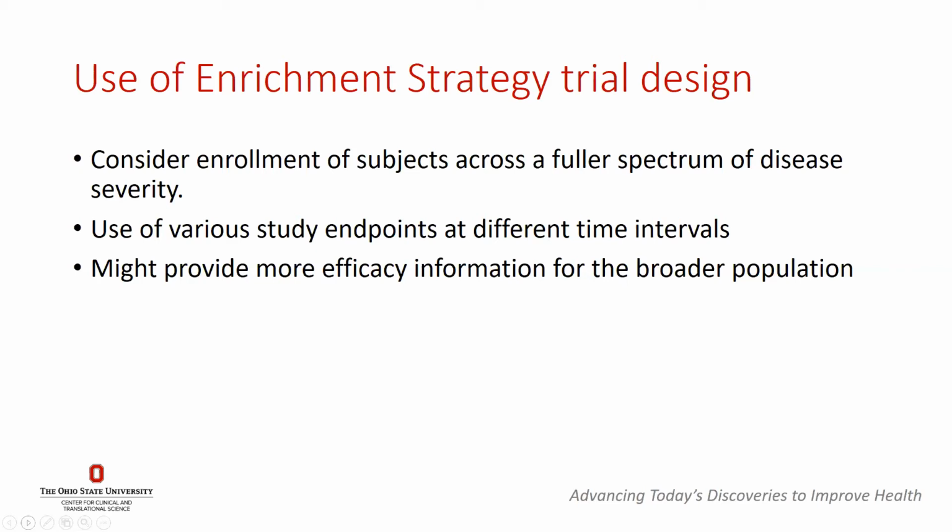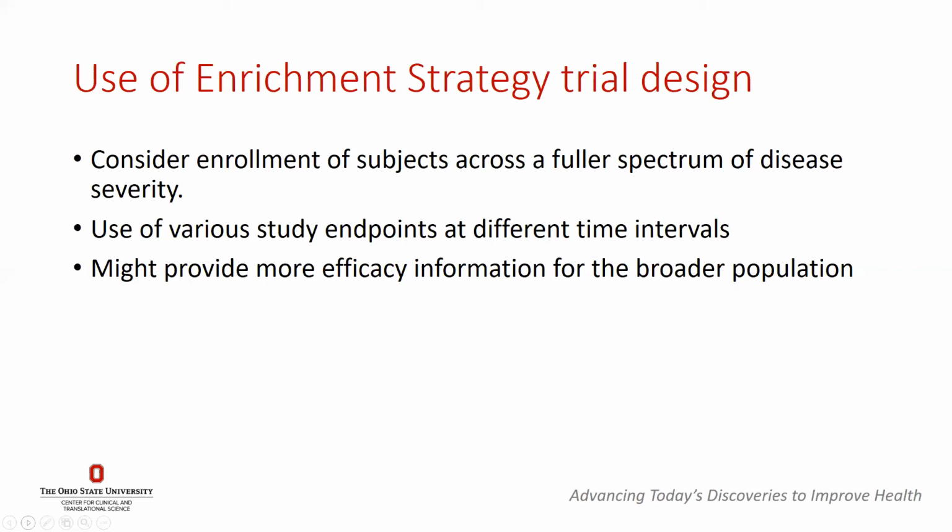Use of various study endpoints at different time intervals, so that you might enroll in a cardiac study with a cardiac drug, but then at a later date, add those that have a fuller spectrum of the disease, and add an endpoint, an additional study endpoint later in the trial, rather than starting a full new study.